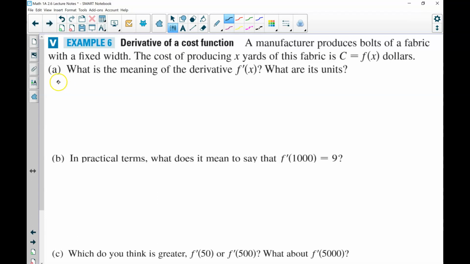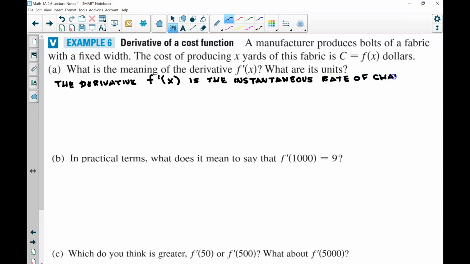Well, for part a, we can say that the derivative f prime of x is the instantaneous rate of change of C with respect to x.